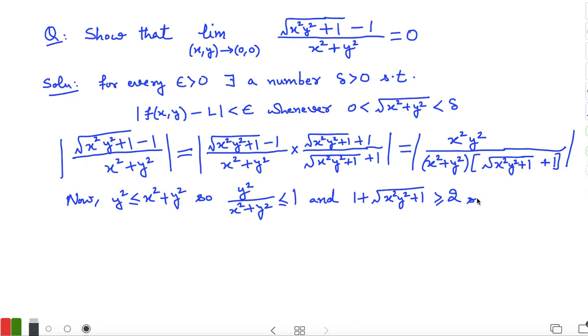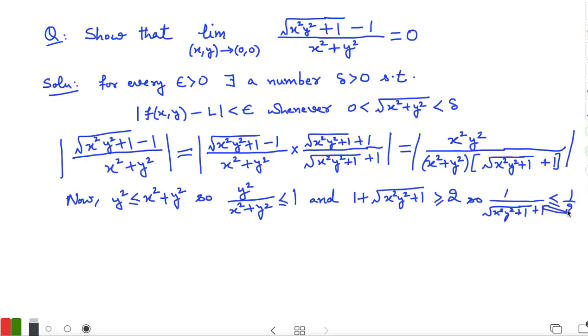So from here we can immediately see that 1 by (square root of x squared y squared plus 1, plus 1) is always less than or equal to 1 by 2.